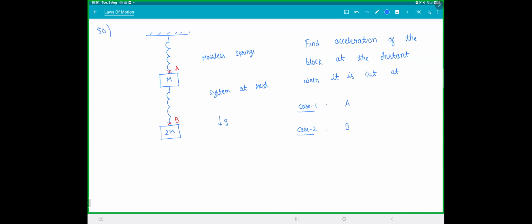Hope the question is clear. Think, take a minute, then I'll show you one model.